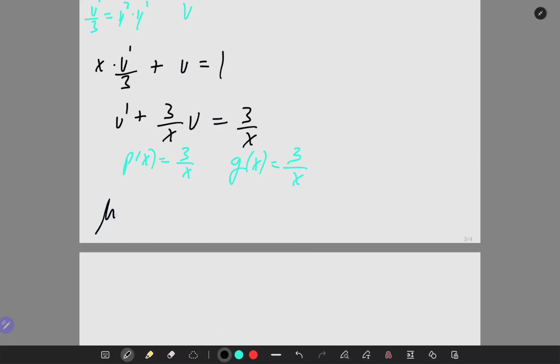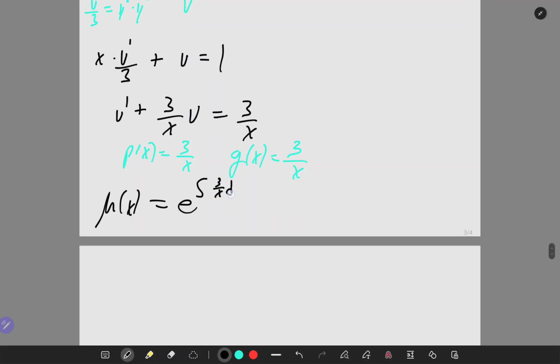So for our mu, it would be e to the integral of p of x, right? So that's 3 over x dx. So then our mu of x is e to the 3 times the natural log of x, right?